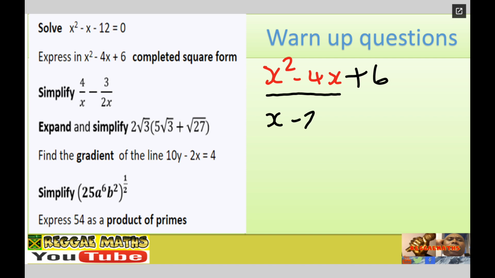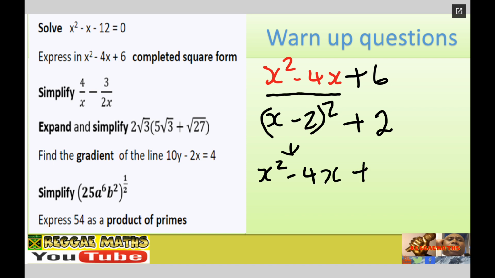So that's going to give me x minus 2, and I'm going to square that. If I then square that, what's that going to give me? That's going to give me an extra 4. So to complete this so I can get 6, when I multiply this out, I'm going to get x squared minus 4x plus 4.